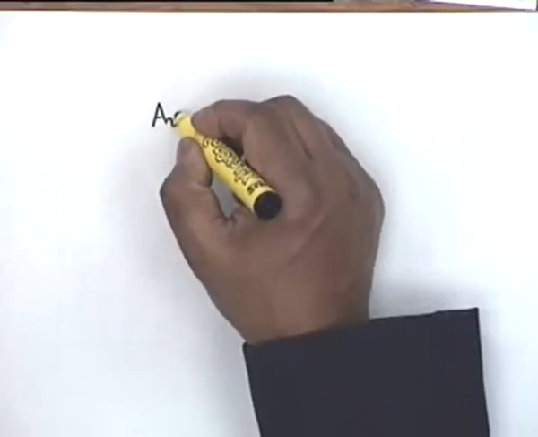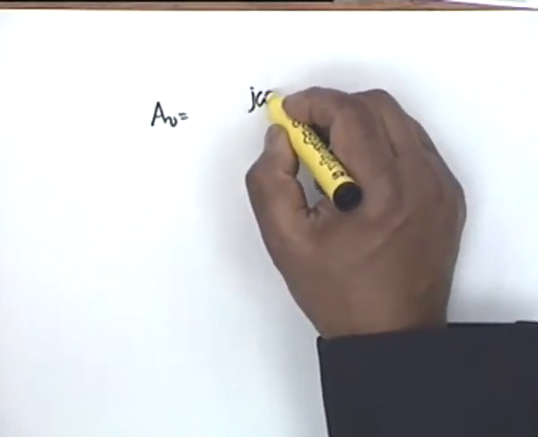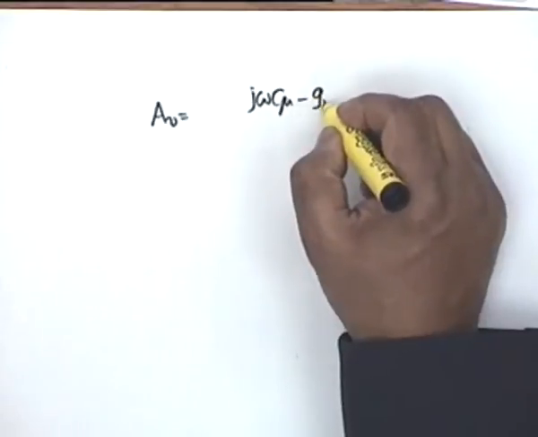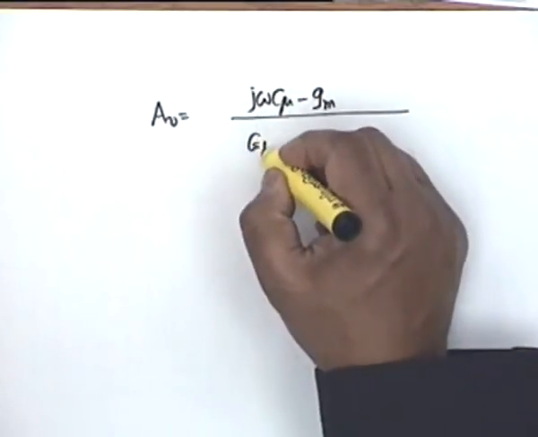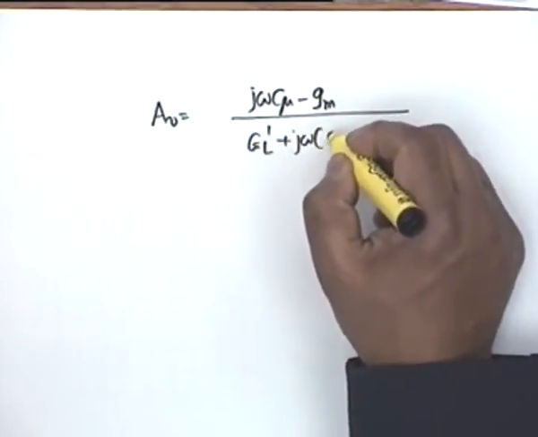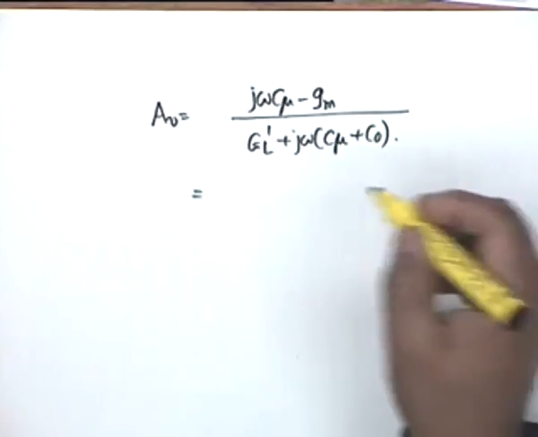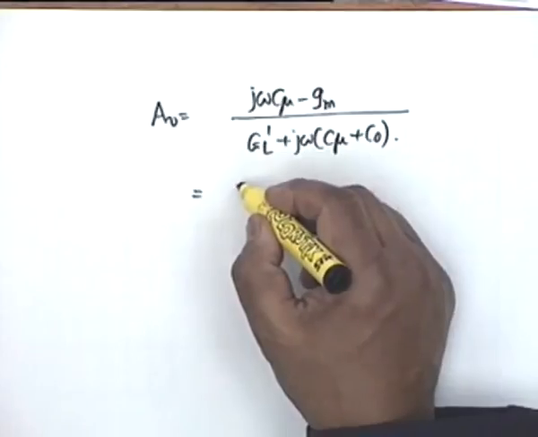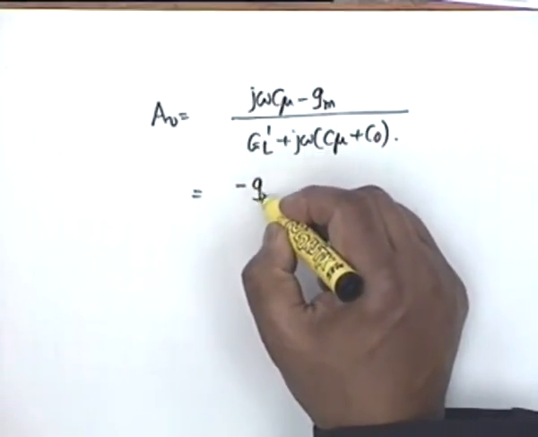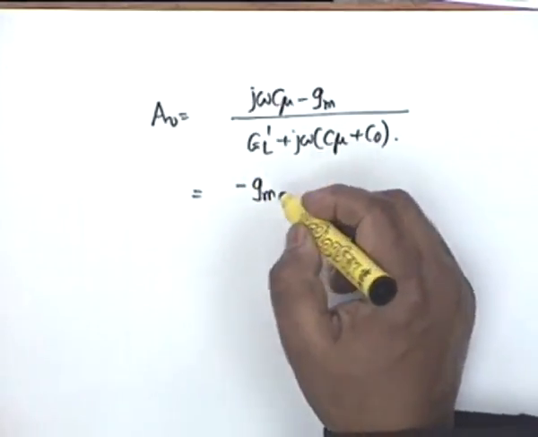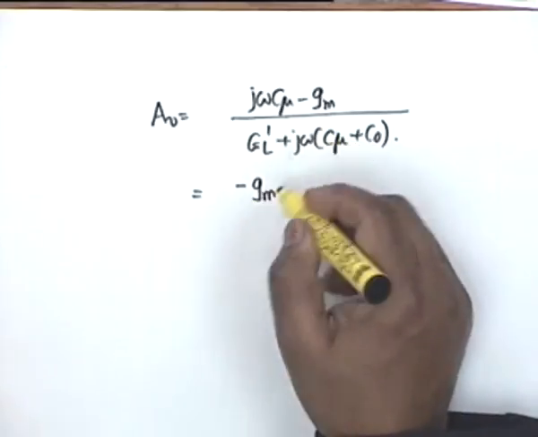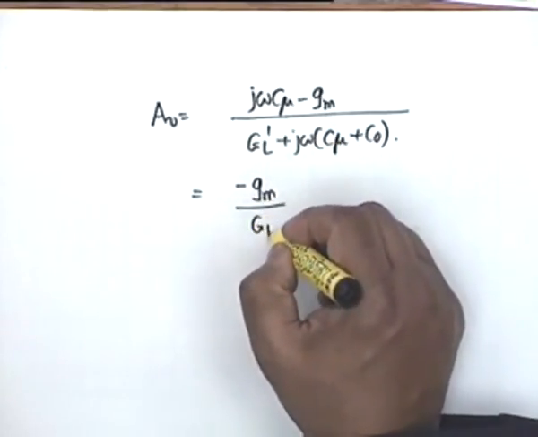Now look at how I manipulate this expression. (j omega C mu minus gm) divided by (GL prime plus j omega (C mu plus C0)). I can write this as minus gm divided by GL prime.